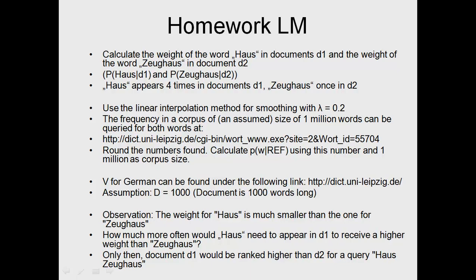And now, of course, we want to have some realistic reference collection. We use the Wortschatz Leipzig, where you can look up the 2 words. And you can already make some guesses of what is more frequent, maybe house or maybe Zeughaus. You will find out. Read the frequency there and round it, of course. We assume that the collection size is 1 million.